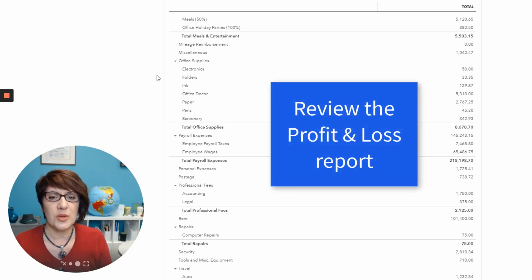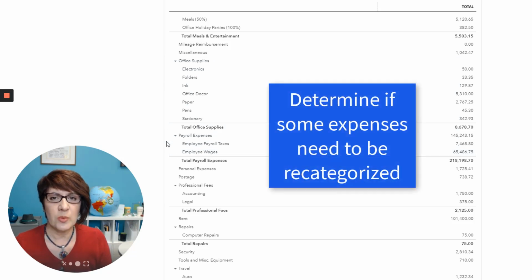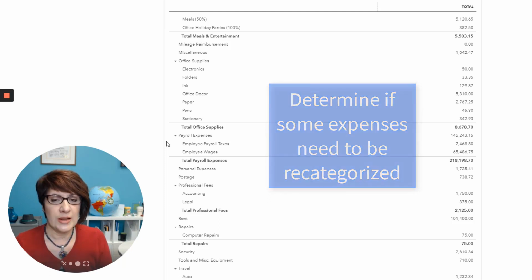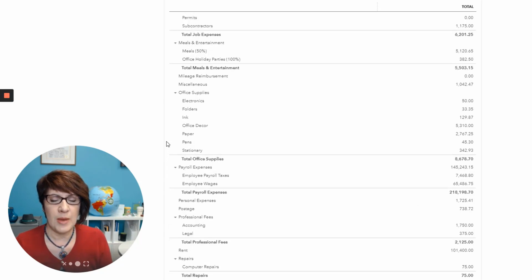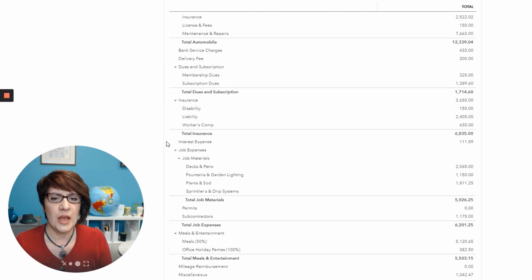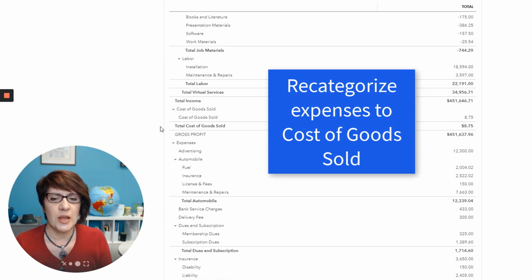Second, I'm going to review their profit and loss report, look at all of the account categories that they are using, and then determine whether some of those might be expenses that may need to get recategorized. And once I make that determination after reviewing that and talking with the client and making a proper assessment, then expenses will likely be recategorized as cost of goods sold.